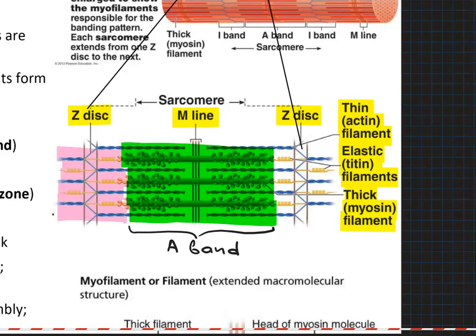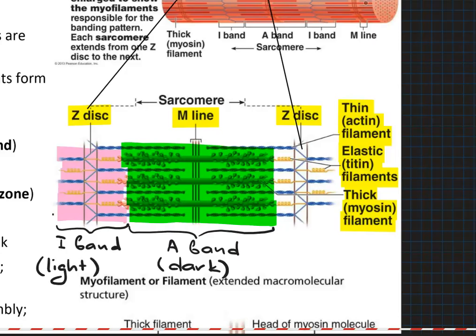While the areas where the thin filament doesn't overlap with the thick one are called the I band. This is the explanation of the striated appearance of a skeletal muscle. The A band is dark, while the I band is light.